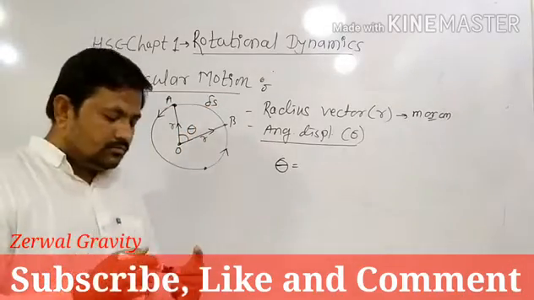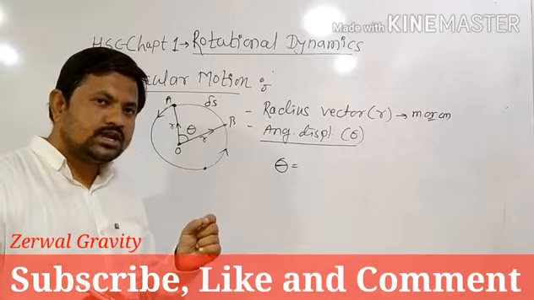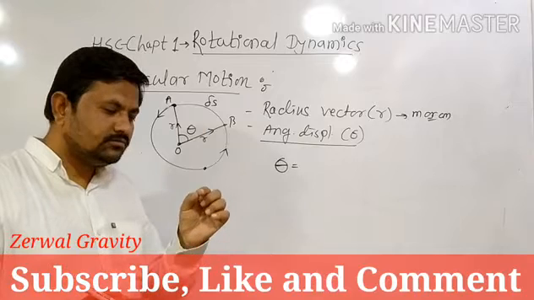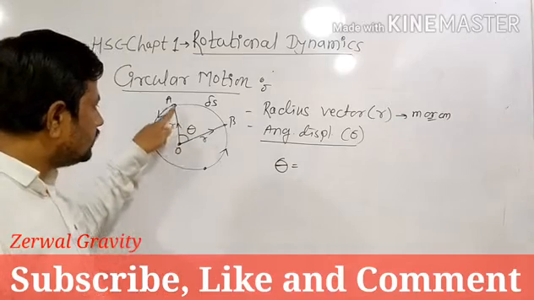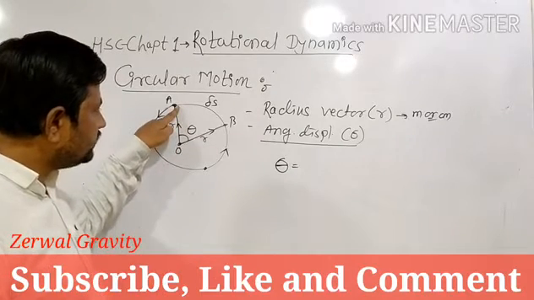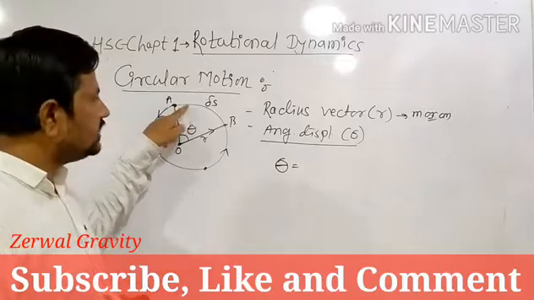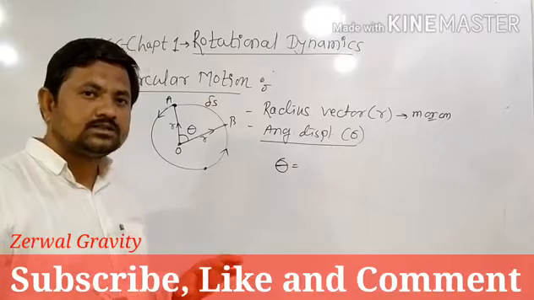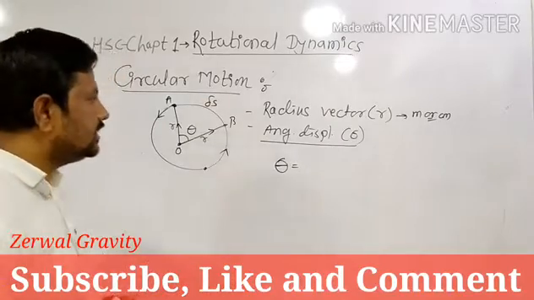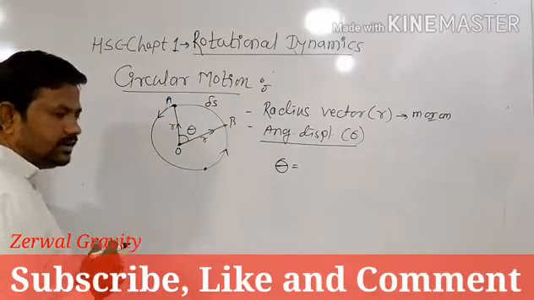When the body displaces a very short distance, as we know that a circle is made of very small straight lines, then it is said to be a straight line distance. At that time this displacement is also called linear displacement. This theta can be calculated with the help of various factors.